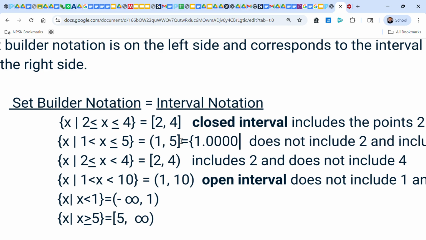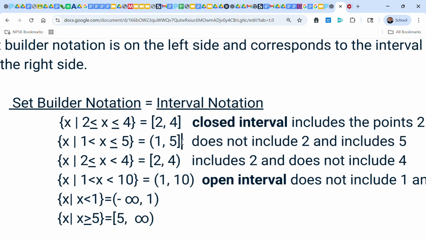We know 1.0001 is in there, but we know 1 is not in the set. So we have an open parenthesis right here. This is open at 1, and then it goes all the way to 5, and it's closed over here. So it does not include 1, and it includes 5.